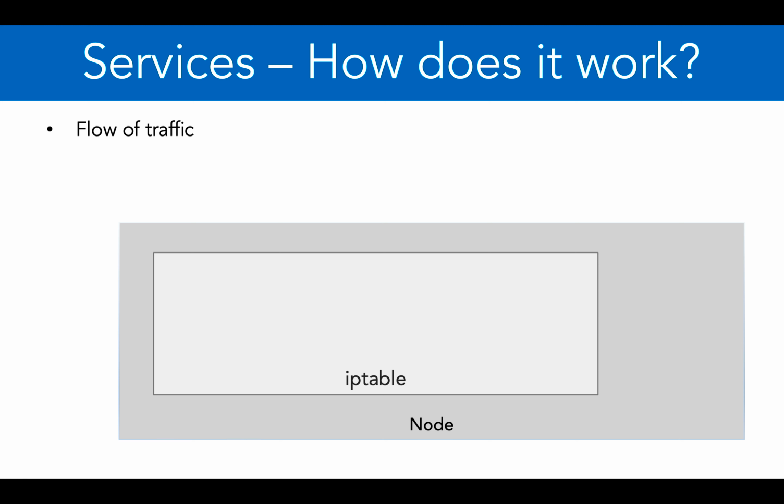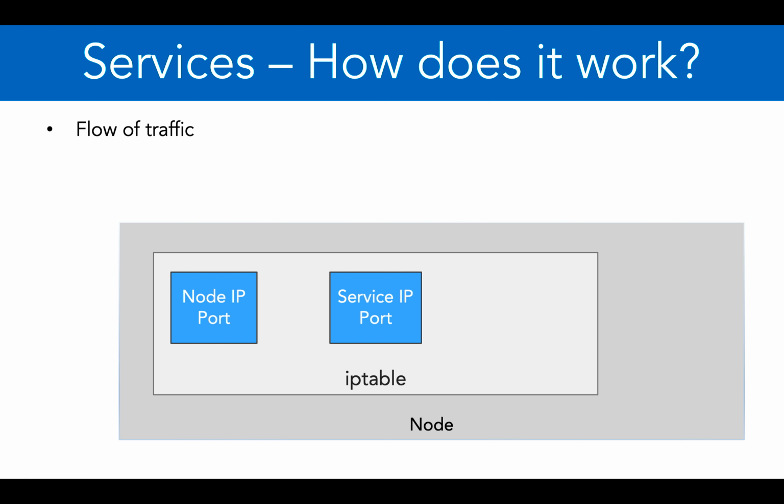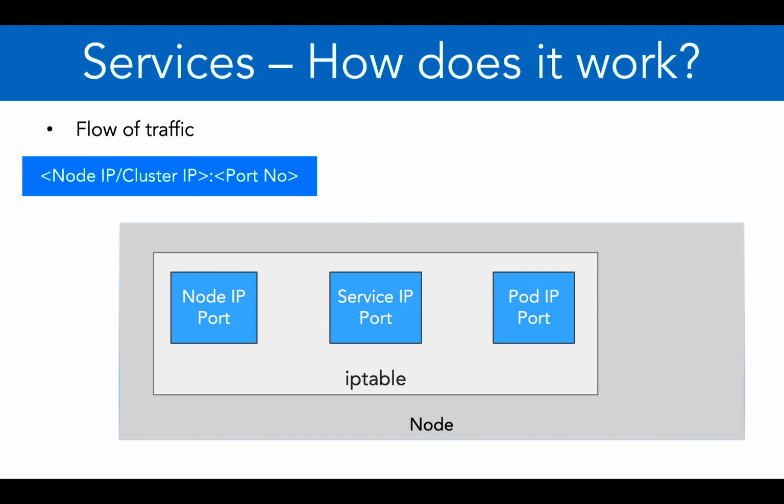As you have already seen, the IP table contains the mapping of node IP port, service IP port, and the pod IP port. On a high level, you might have understood that the mapping is there in the IP table of all the nodes. Now, when we use either node IP or cluster IP followed by the port number, as we just did using the curl command, it goes to the node.